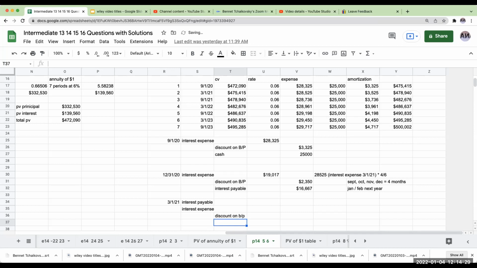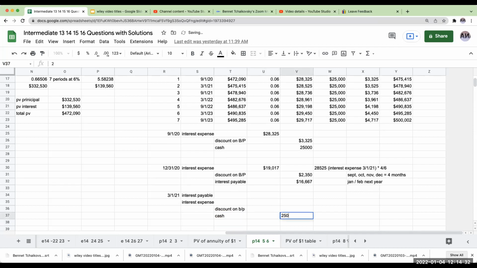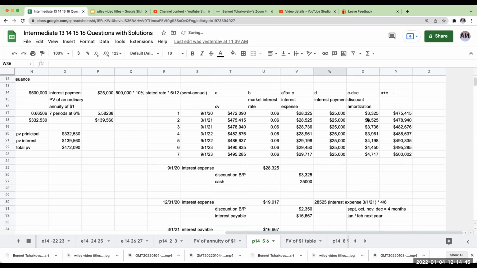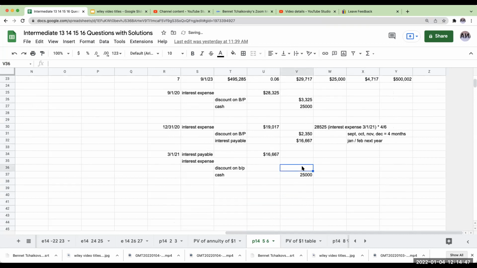And I'm also going to credit cash over here for 25,000. The amount of my amortization of my bond discount is going to be 3,525 times 2/6, or 1,175.